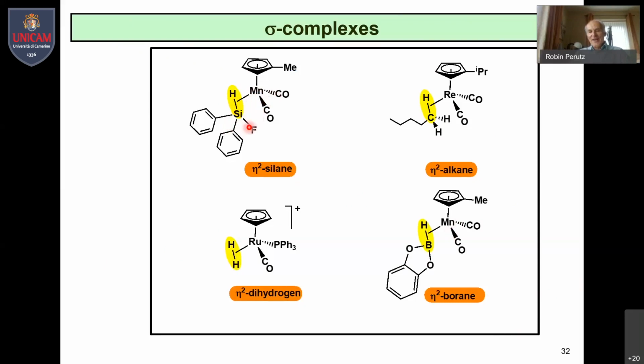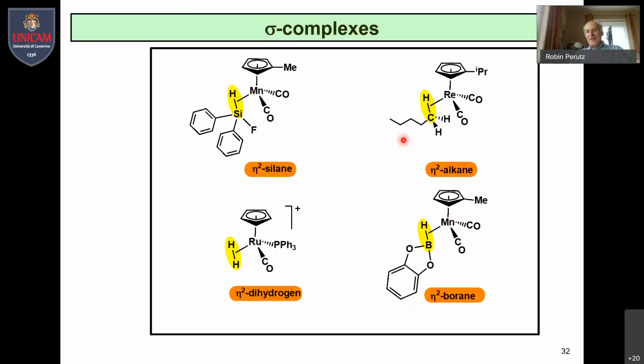So we have an interaction which requires synergic bonding with the SiH sigma bond acting as the donor and the SiH antibonding orbital acting as the acceptor. The same principle applies to dihydrogen complexes. They're probably more familiar. And to borane complexes, here we have borane BH attached to manganese, and to alkane complexes.